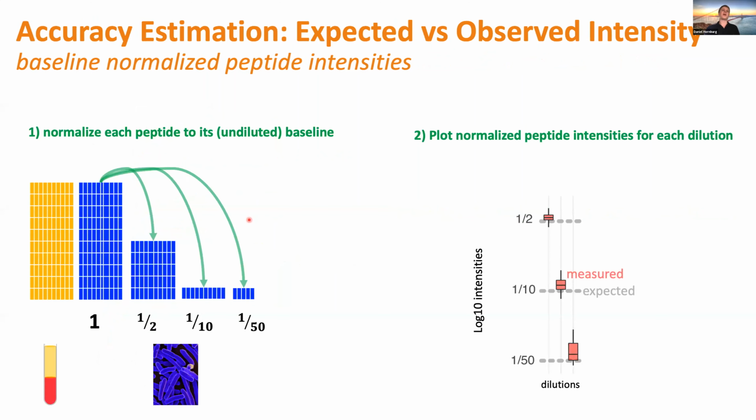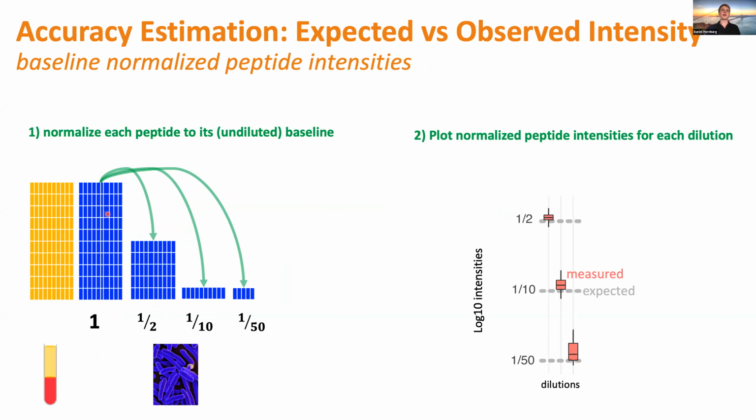I want to talk about the accuracy as approximated by the linearity of a response. So what I did here is take the one-to-one mix of the mixed proteome and normalize all the dilutions back to this one-to-one.